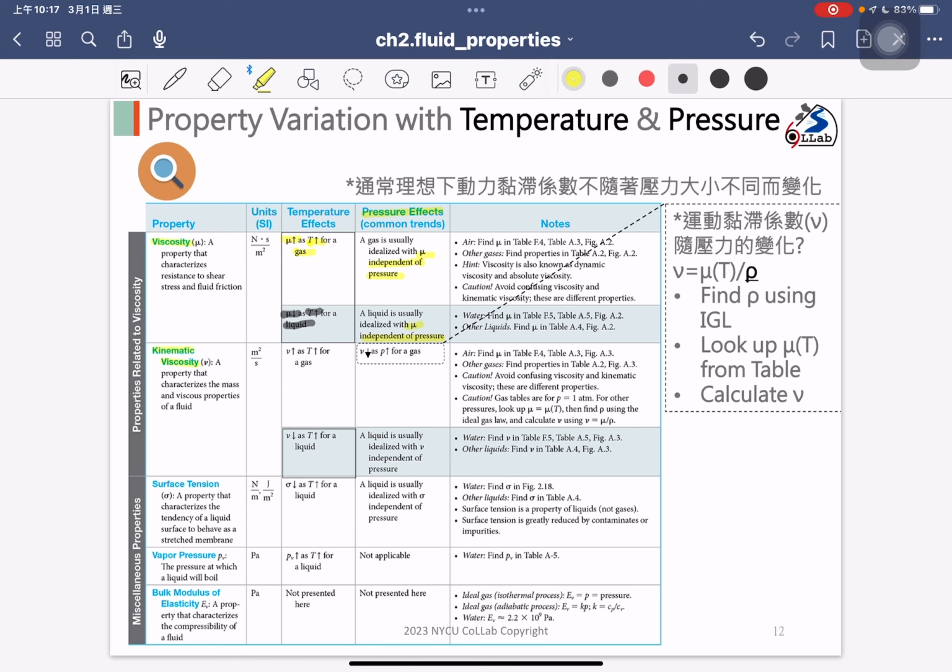Okay, so right now we are moving to the kinematic viscosity. As we remember, the kinematic viscosity is defined by the ratio of the dynamic viscosity to the density.